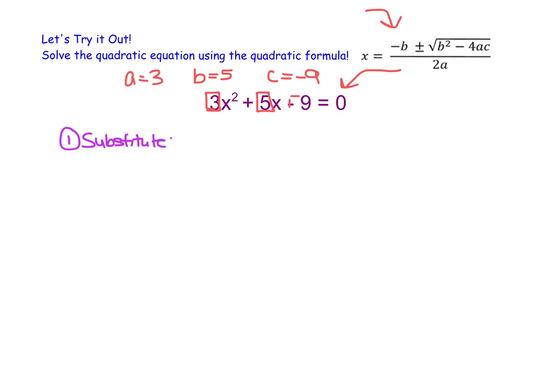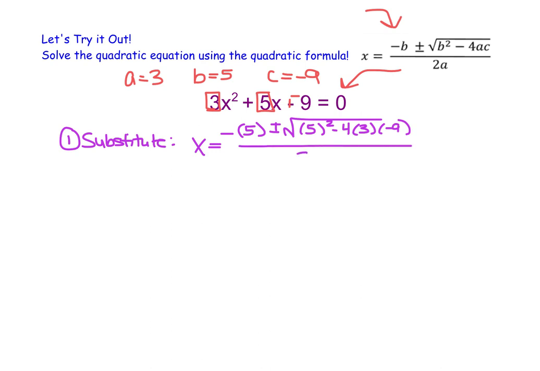We take x is equal to negative, I put my b value in, which is 5, plus or minus the square root of b squared minus 4 times a times c, all divided by 2 times a, which is 3.